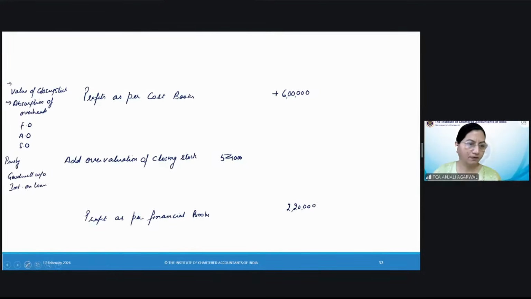Add over absorption of factory overheads by 1 lakh.